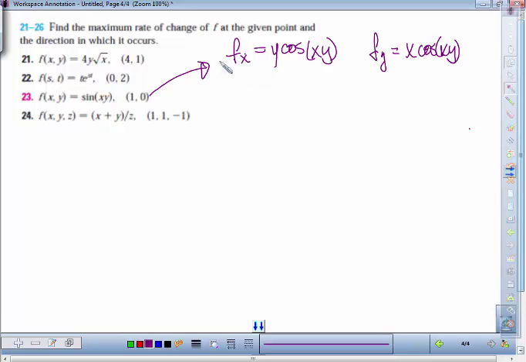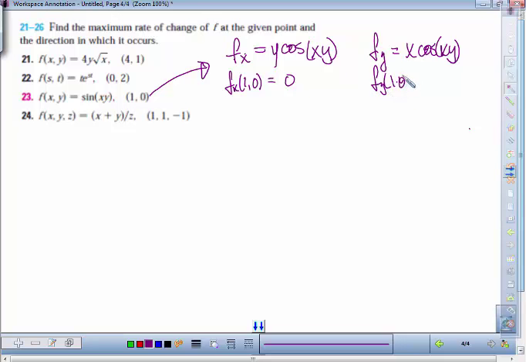And so you want to plug in the values of 1, 0 in there. So fx evaluated at 1, 0, oops, I'm sorry, that's 1, 0. So x is equal to 1 and y is equal to 0. So y is equal to 0, we'll just make this whole thing equal to 0.